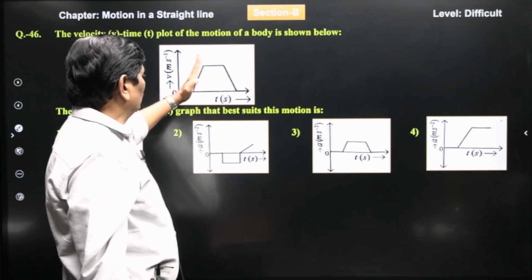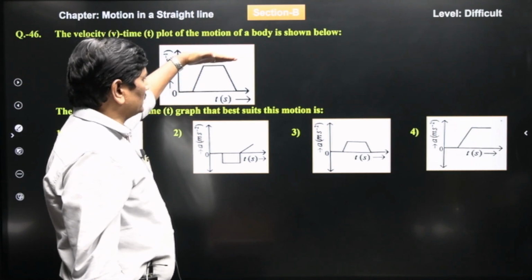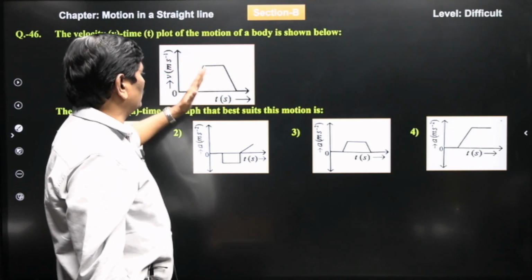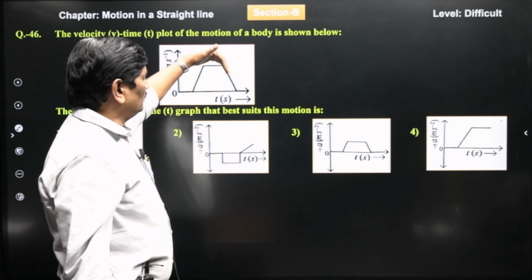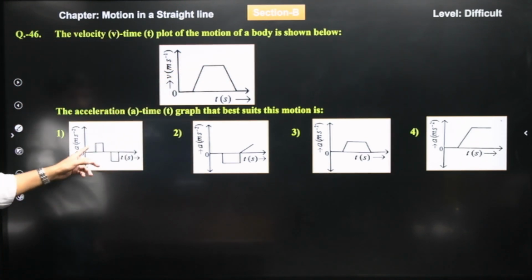If you see in this velocity time graph, this is the positive acceleration. This is 0 acceleration. This is negative acceleration. Scale is not mentioned. So positive, 0, negative. Here you can see positive acceleration, this is negative acceleration, in between 0 acceleration.